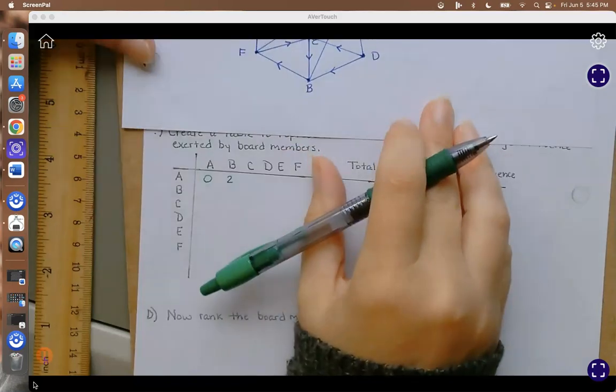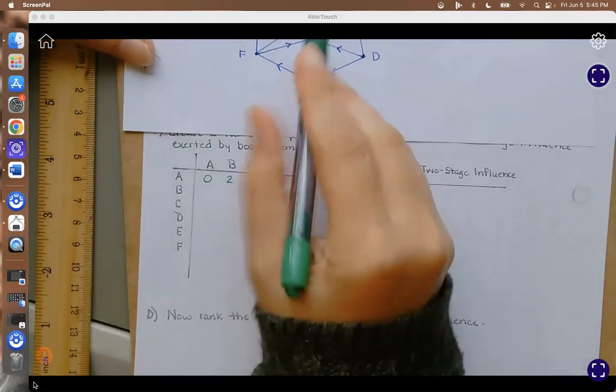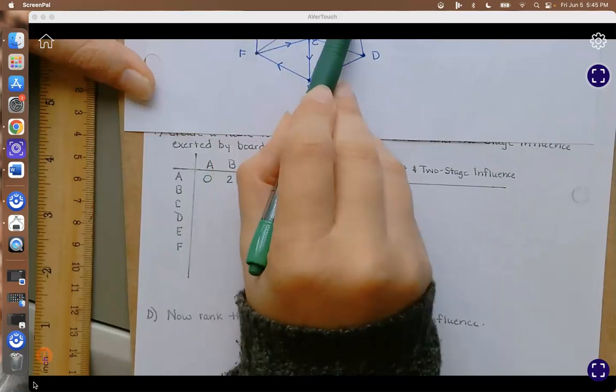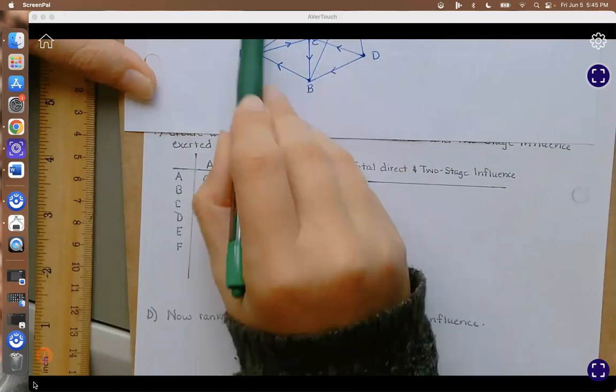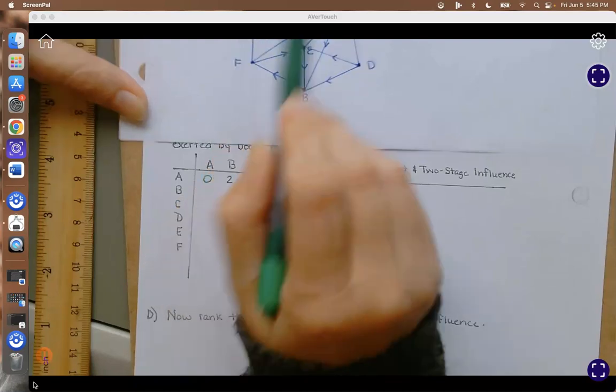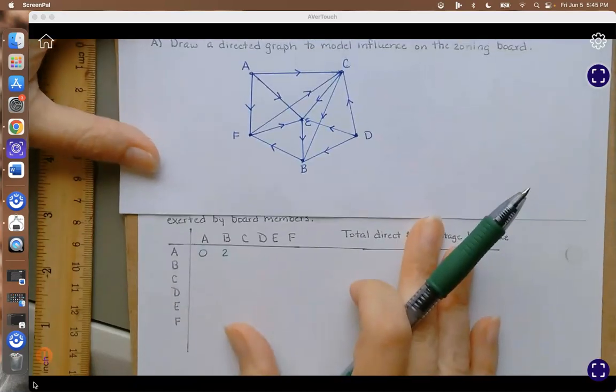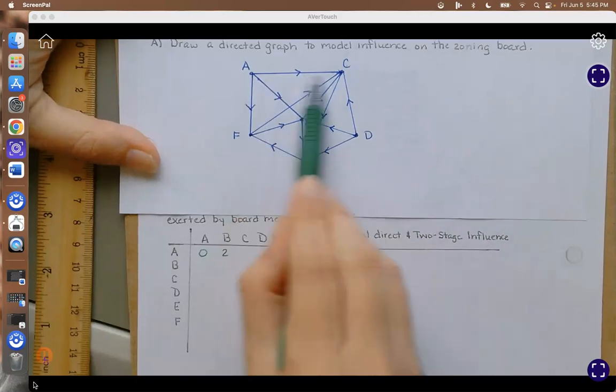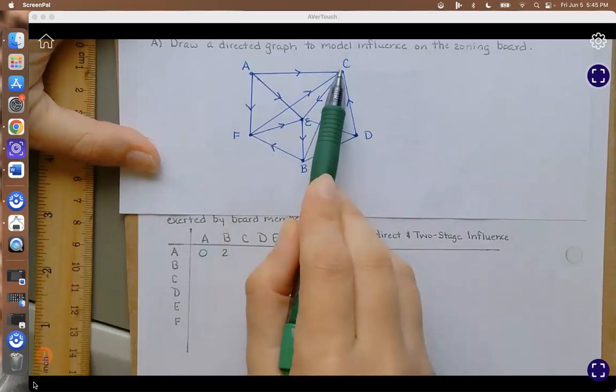And then A to C. I can get from A to C directly. So that's 1.